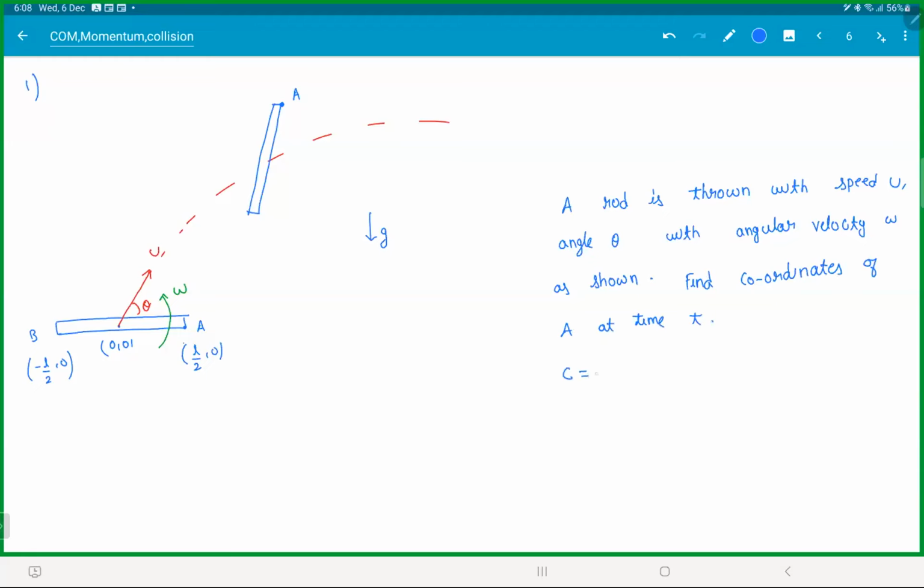Here C is the center of mass. Is the question clear? So that center will follow a parabolic path and everything else will rotate about it. So there we have a parabolic motion plus a circular motion.